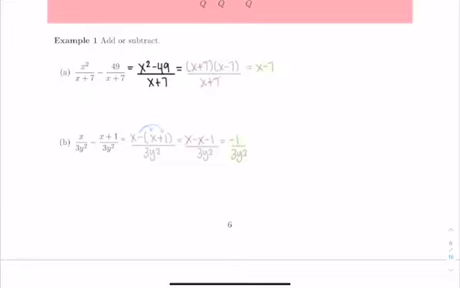The top is a difference of two squares, so this can be factored as (x plus 7)(x minus 7). And the bottom is still x plus 7. But we have x plus 7 on the top and bottom, and so all we're left with is x minus 7.